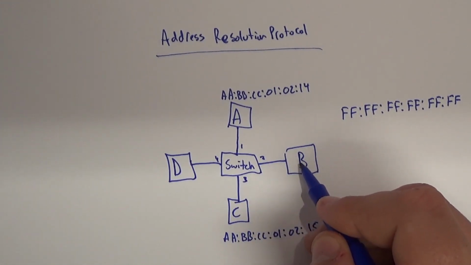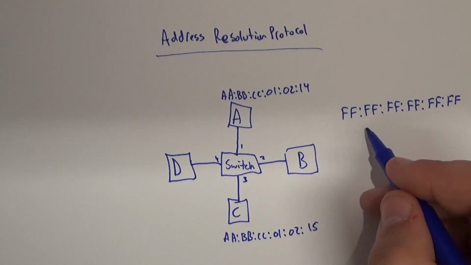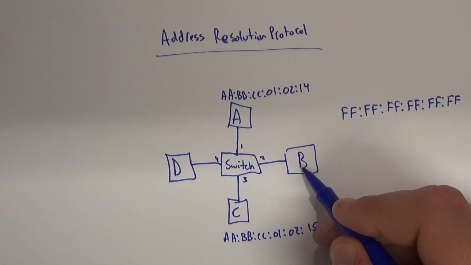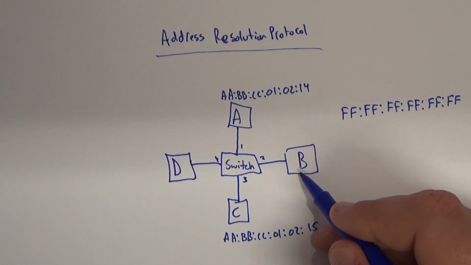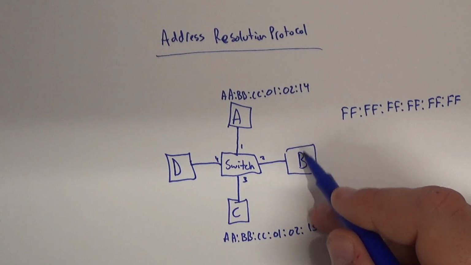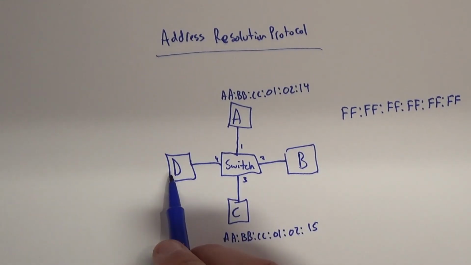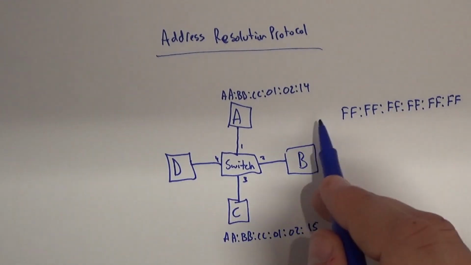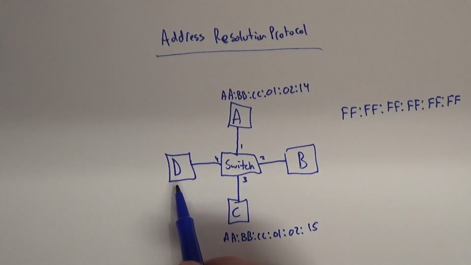So B is going to get it and look at that and say, oh hey, that's the broadcast, I should look into that. It's going to open it up and it's going to say, are you C? And B is going to say, nope, I'm not C, and it's going to drop that frame. Same thing with D. D is going to look at that broadcast MAC address, say, oh, that might be for me, open it up, say, nope, I'm not C, and then drop it.